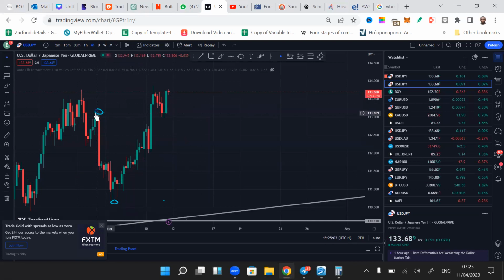If it's in a downtrend, in a sell direction and you are looking to sell, you are looking from a high to a low. Your Fibonacci goes from a high to a low if you are looking to sell, and from a low to a high if you are looking to buy.